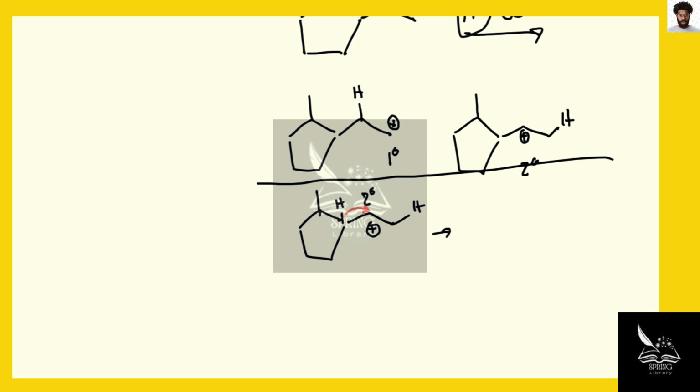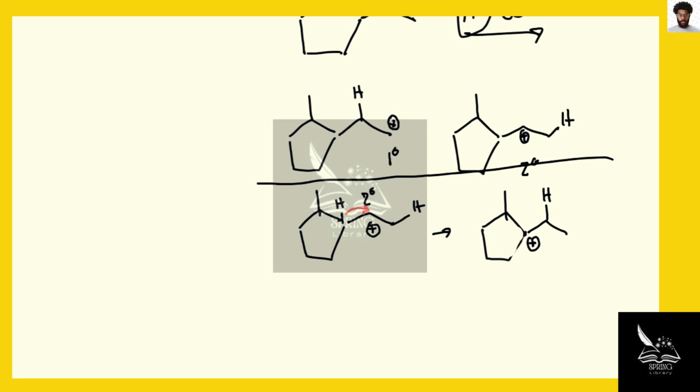So the result of this so-called hydride migration will be a hydride or a hydrogen here and a carbocation at this tertiary center.